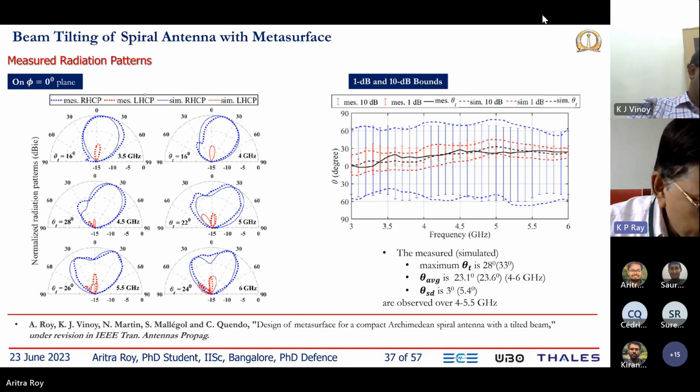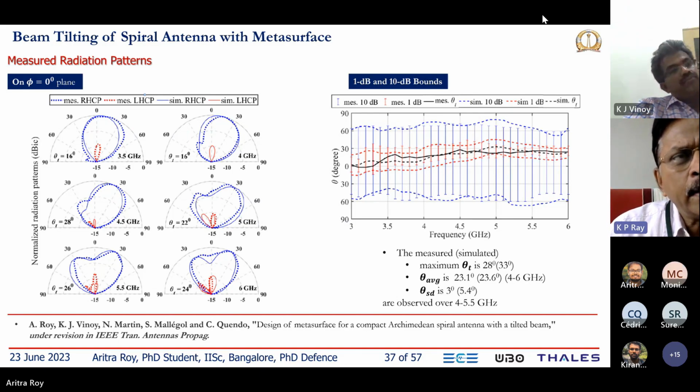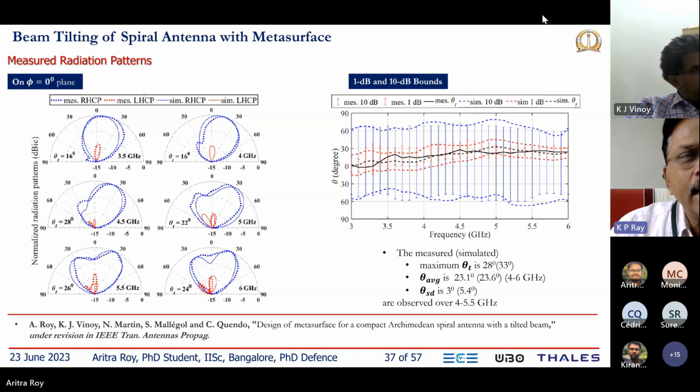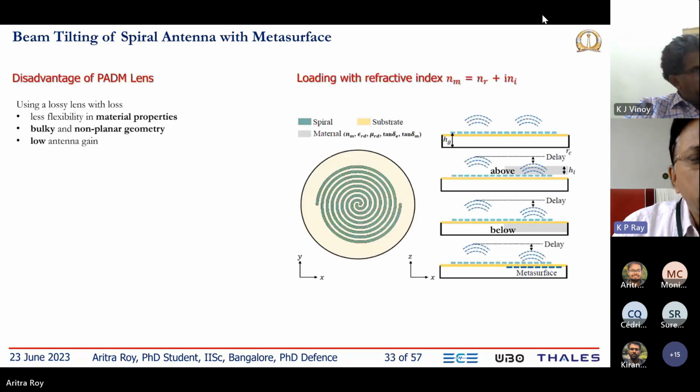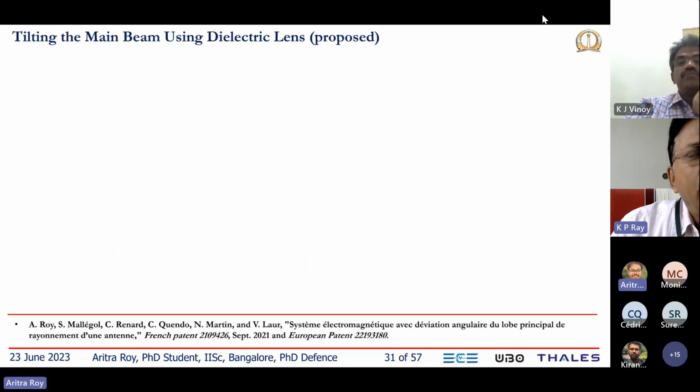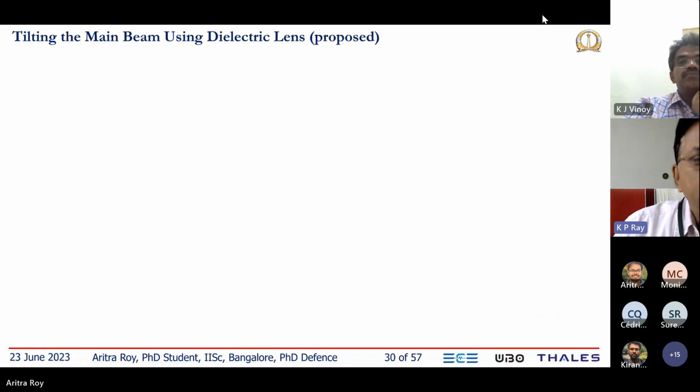In your simulation, did you vary the thickness of the lens linearly? Because the central portion will contribute to the highest frequency, and the end portion will contribute to the lowest frequency.